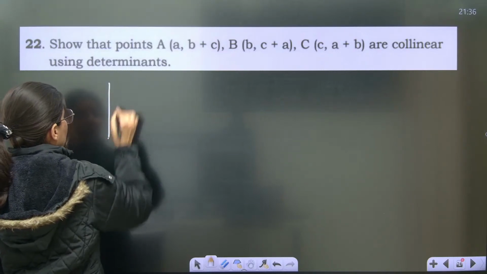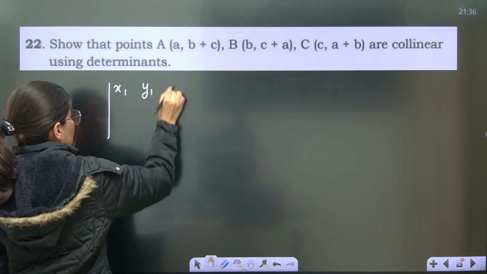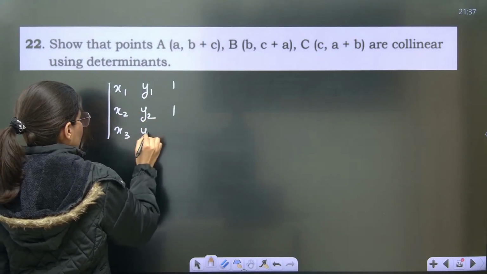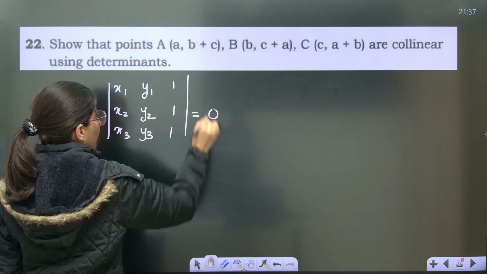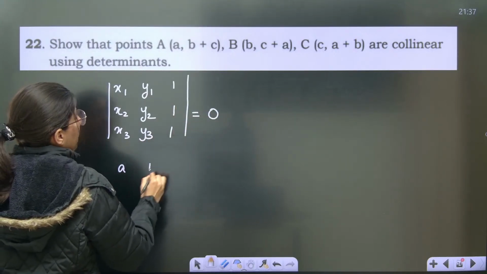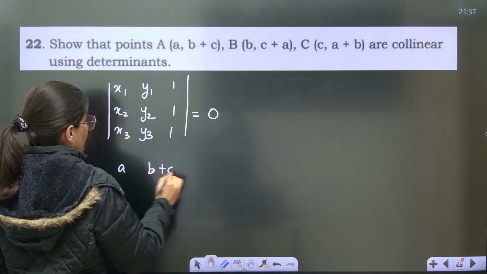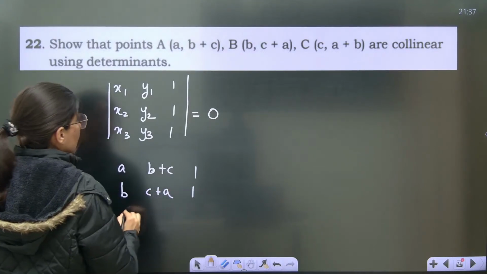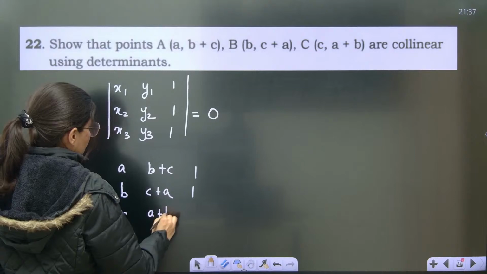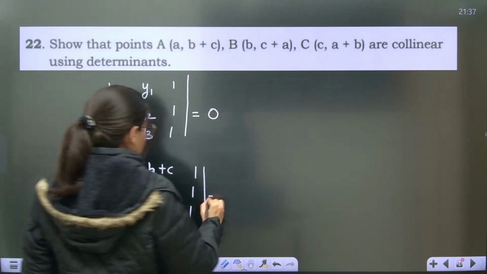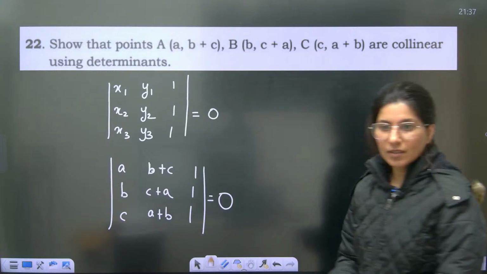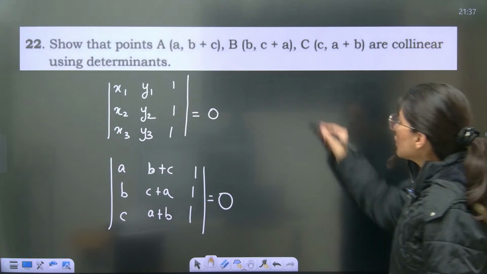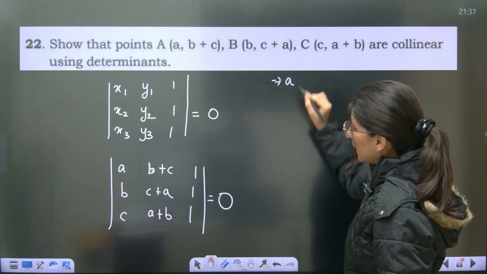If 3 points are collinear, then this determinant will be 0: x1, y1, 1; x2, y2, 1; x3, y3, 1. So the rows are A, B plus C, 1; B, C plus A, 1; then C, A plus B, 1, being equal to 0. So you have to show it. To prove that, you just have to open it.